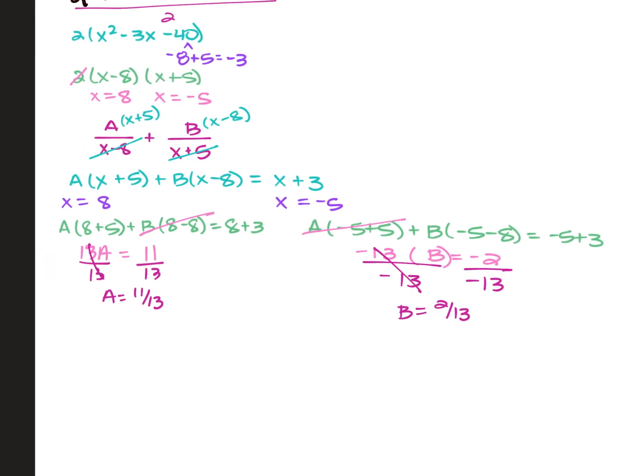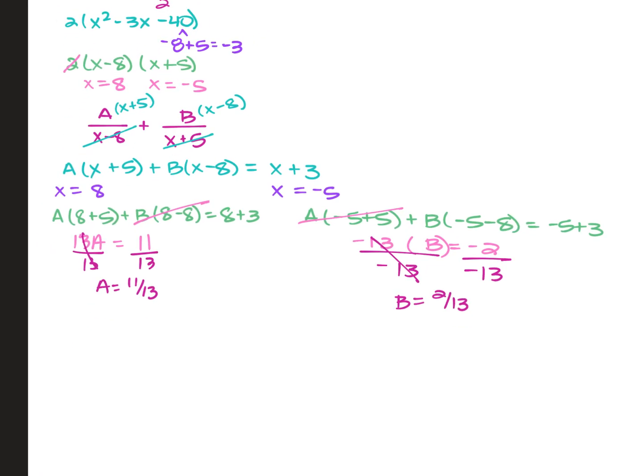Now, you had the original fraction of a over x minus 8 plus b over x plus 5 when we were doing this. Your a goes over the x minus 8, so that's 11 over 13 over x minus 8. Your b of 2 over 13 goes over the x plus 5. You cannot leave a fraction within a fraction.